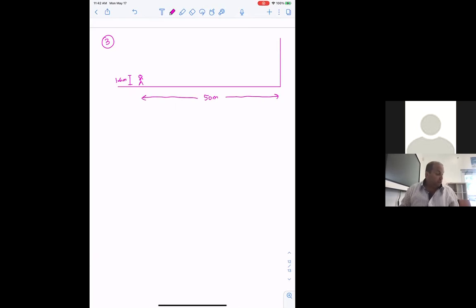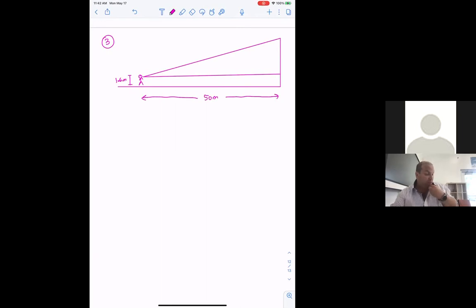The angle between the line connecting her eye and the top of the cliff, that's the line connecting her eye and the top of the cliff, and a horizontal line is 58 degrees.